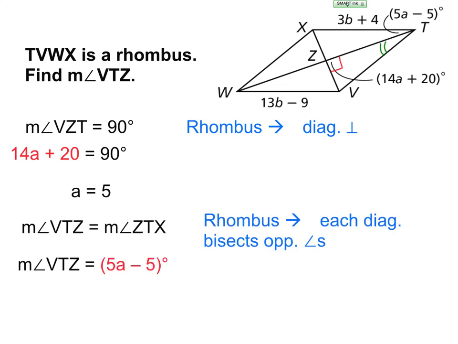Then substitute in, and the angle VTX is 20 degrees, and so VTZ would also be 20 degrees. The diagonal bisects the angle of the rhombus.